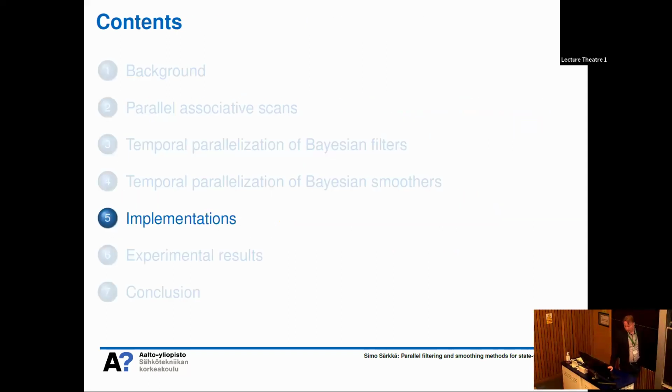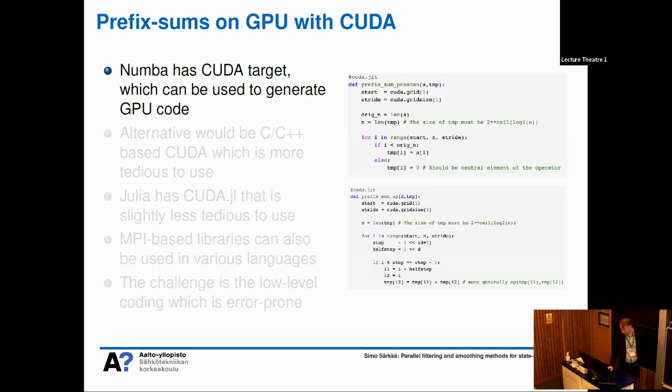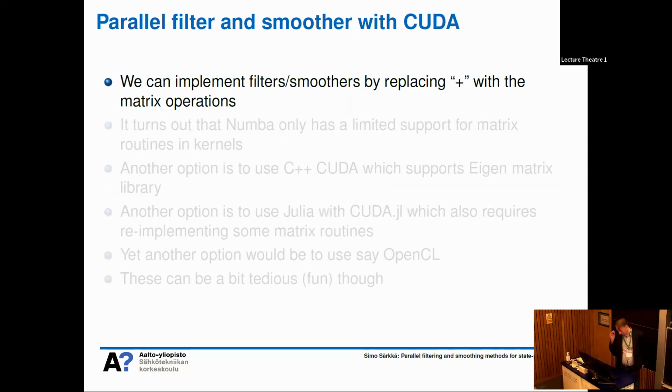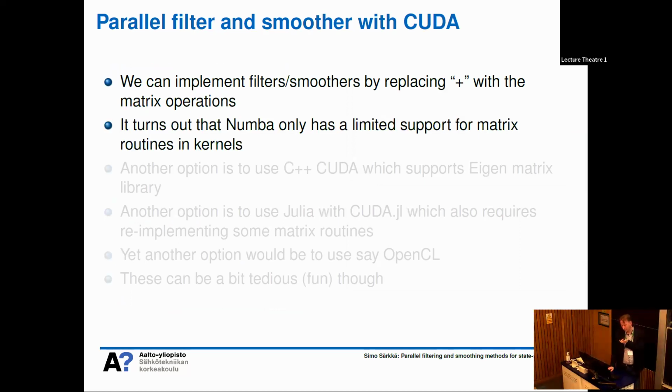But then implementations. Well, in short, you can use CUDA, which is fun to program, but it's a bit tedious as well. For example, you would need to do associative scans within the GPU, and the problem is that, for example, Numba doesn't support matrix computations at all.